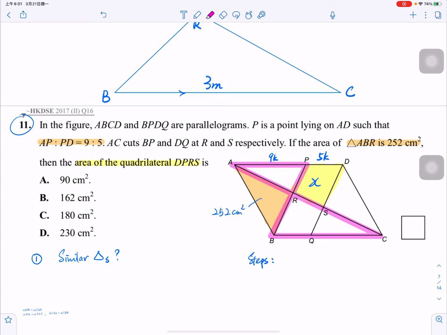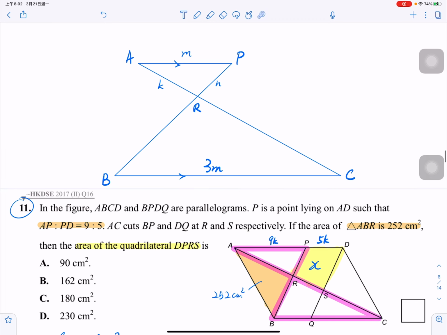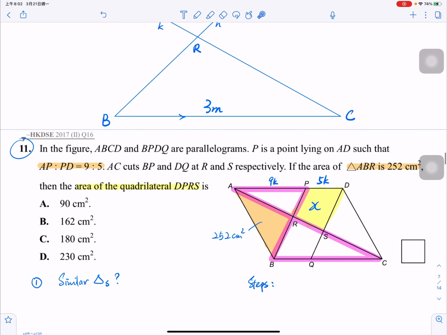So if you know one pair of corresponding lines' ratio, then you also know the other pairs of corresponding lines' ratios.